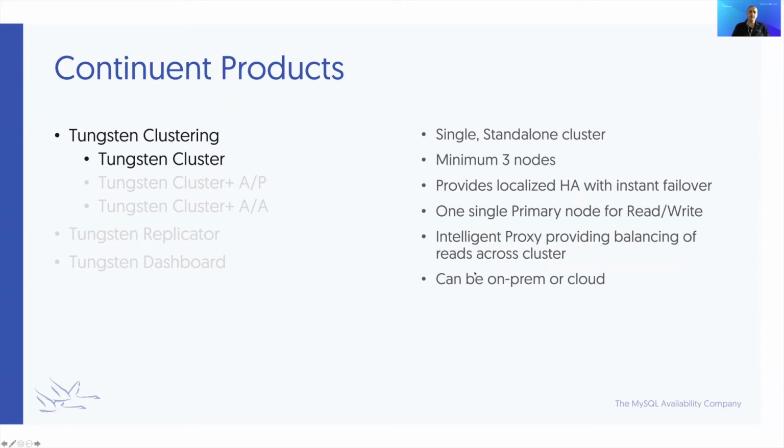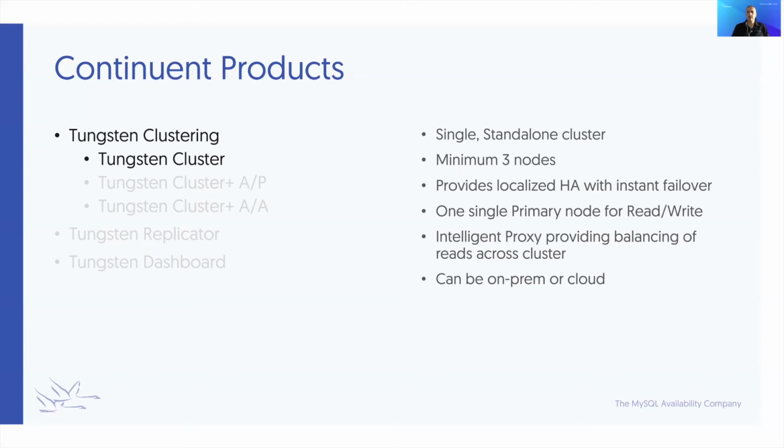And what does this do? Well, it provides localized HA, instant failover in the case of a primary node breaking, and will fail over to one of the replica nodes instantly, bringing your applications running straight away. The primary node is the read-write node.